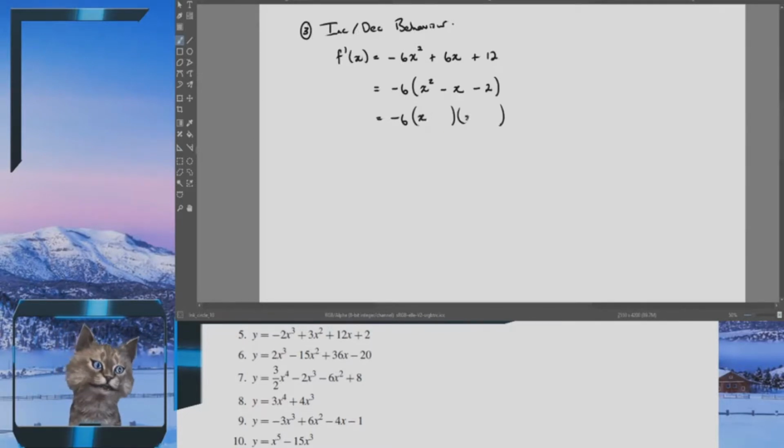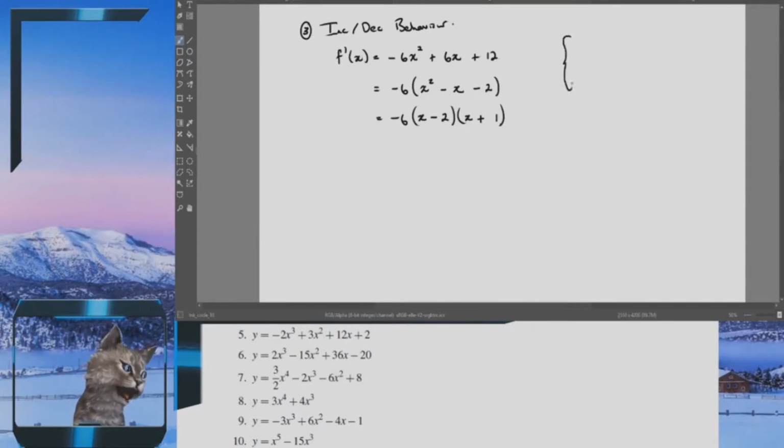We can always FOIL this out and see, do I get the original back? It's going to have to be factors of 2, and my larger one will get a positive. FOIL it out, I get my x squared from the first ones, outside ones an x, inside ones a negative 2, giving me negative x, and the last ones give me negative 2. So that is good. Then I'll do it on the side here.